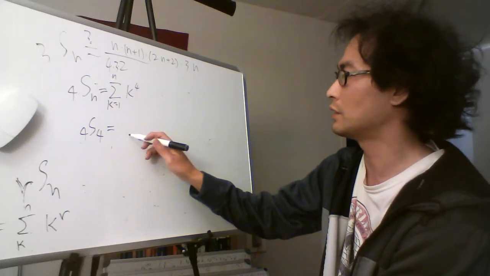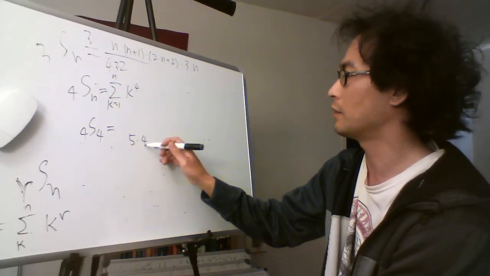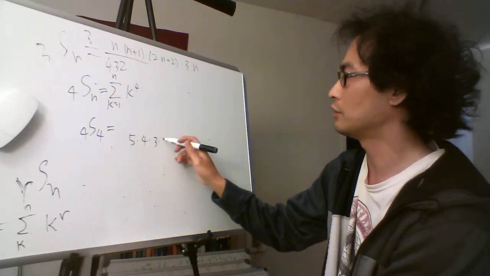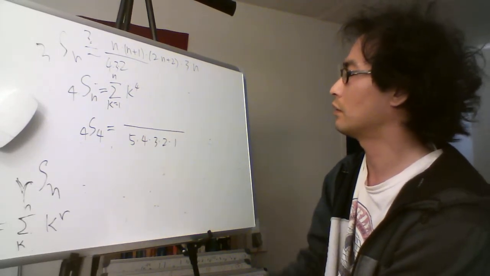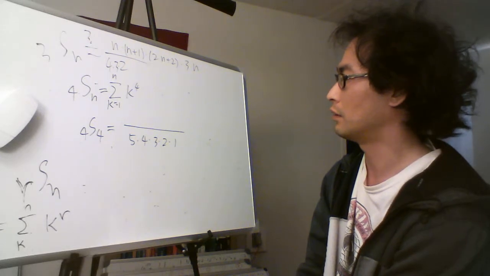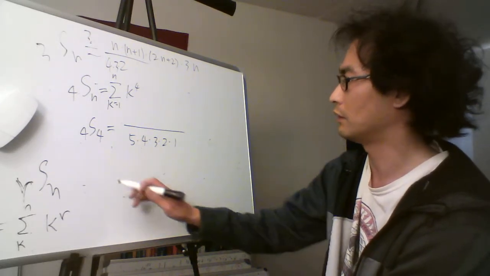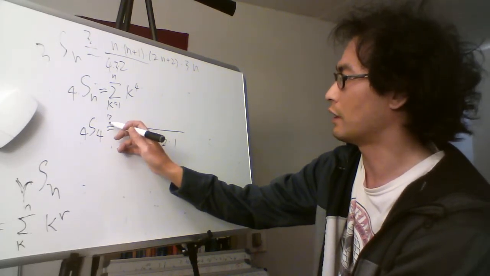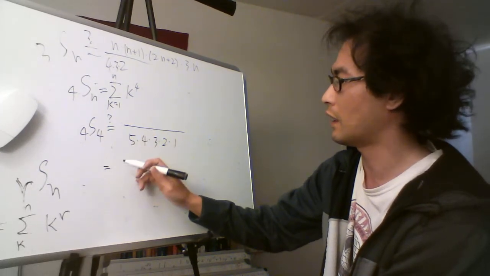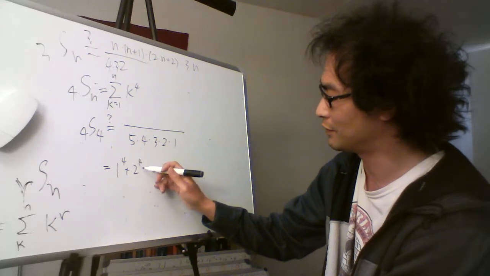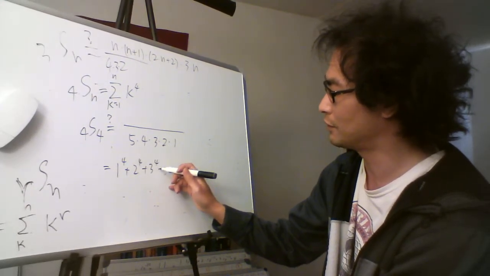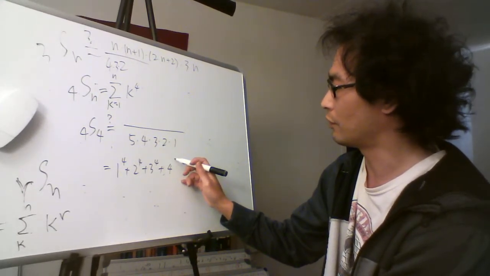Probably it's good stuff like 5 times 4 times 3 times 2 times 1, right? Over, well, we don't know that yet, so let's just spell it out. 1 to the fourth plus 2 to the fourth plus 3 to the fourth plus 4 to the fourth.